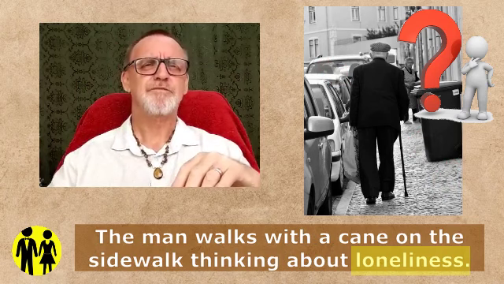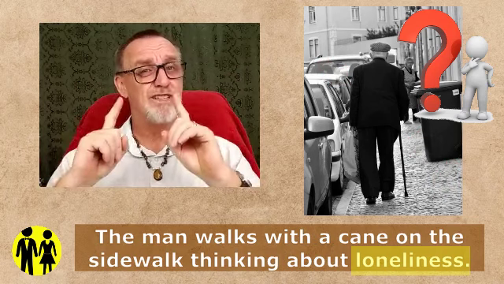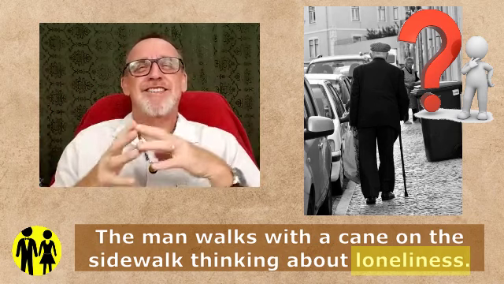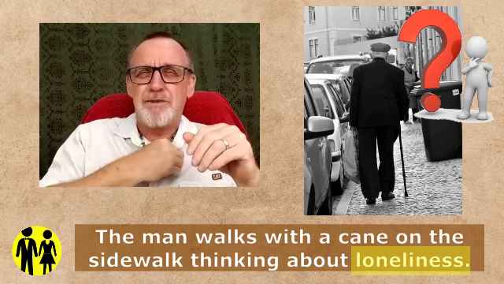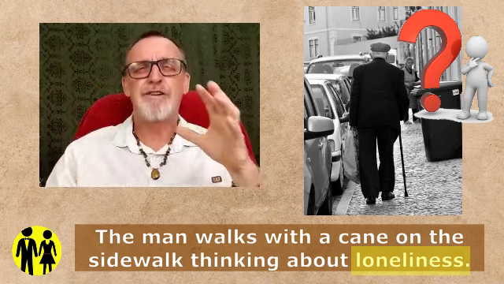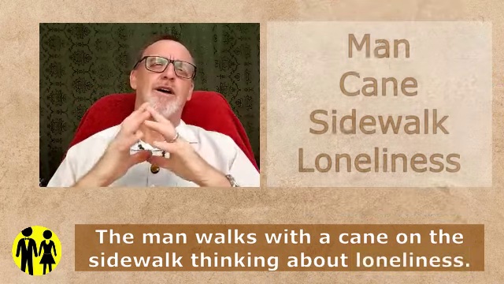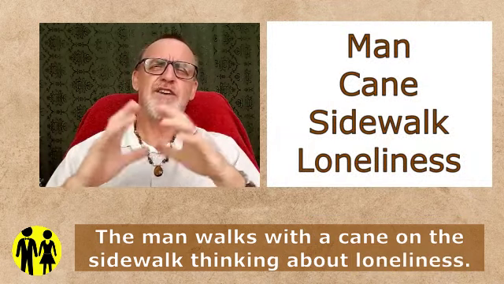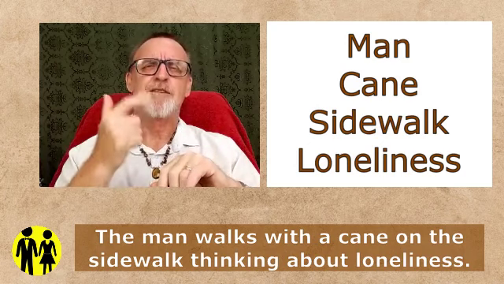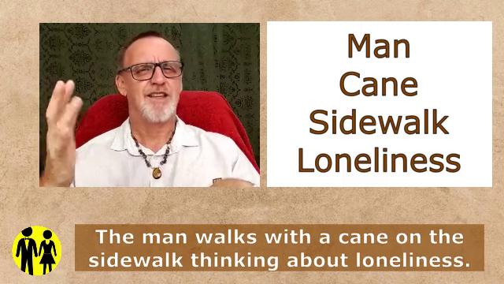For example, I can be lonely, but even though I am lonely, I smile, I play, I participate, but deep inside, I am lonely and feeling loneliness. We have now identified the four nouns in the sentence: man, cane, sidewalk, and loneliness.